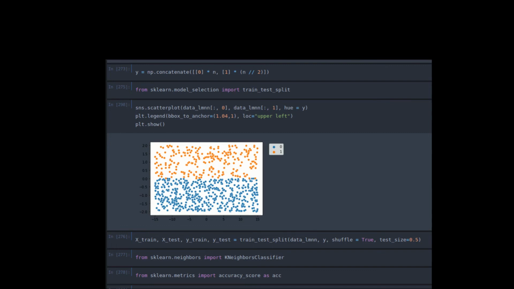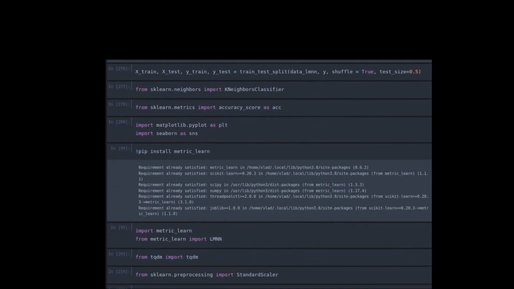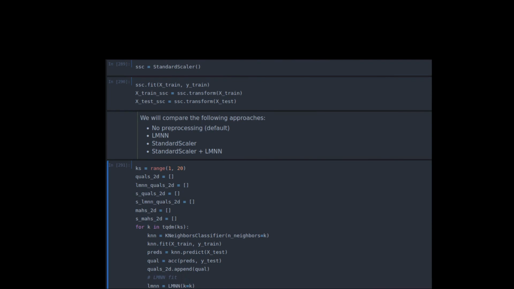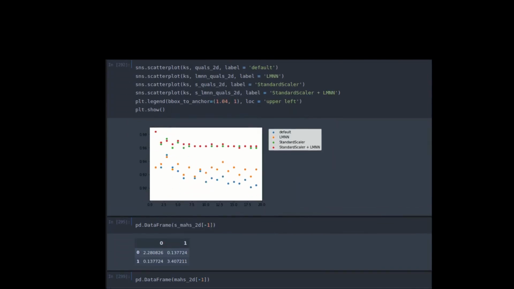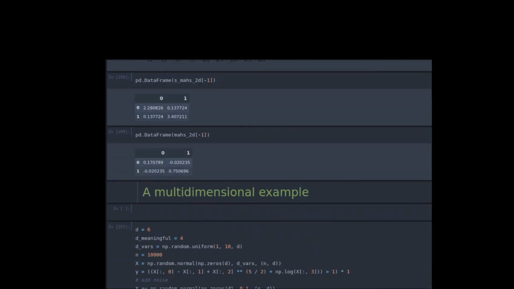We run k nearest neighbors classifier on data with no preprocessing, with Euclidean distance, and with metric learned on it using LMNN, as well as on data scaled with standard scaler with Euclidean distance, and with metric learned using LMNN on the scaled data. Note that these two learned metrics may differ. On quality graphs we see that unscaled approaches score worse than scaled ones, with LMNN with standard scaler being almost equivalent to standard scaler only.